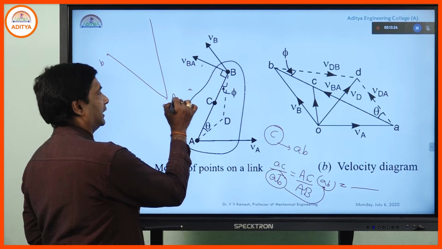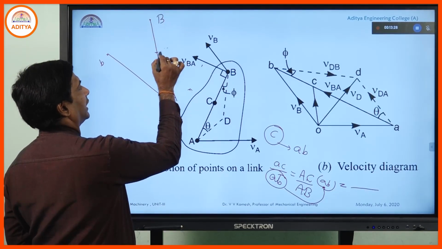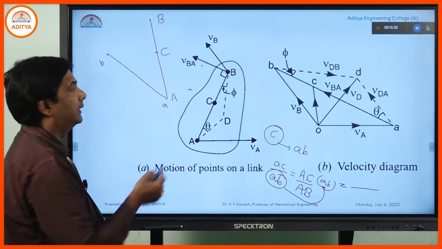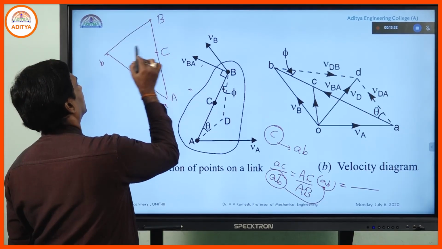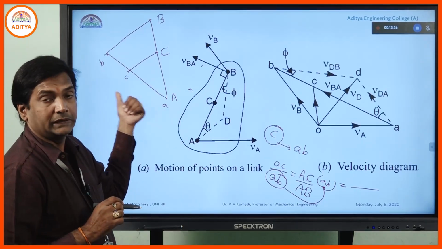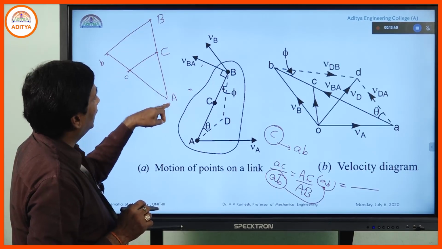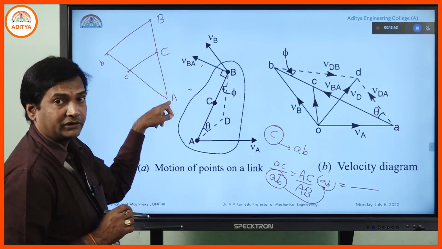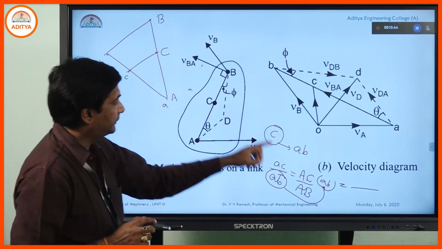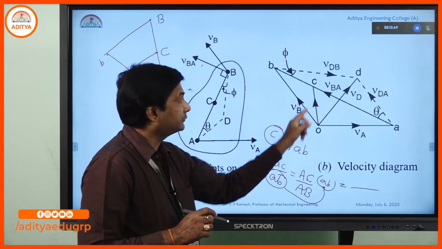So this is regarded as capital A, this is capital B, and in between I take C. Join these two and draw a parallel line, then I will get C. This is the easiest method, but only if we are able to draw AB to actual length; otherwise we need to calculate analytically and approximate.